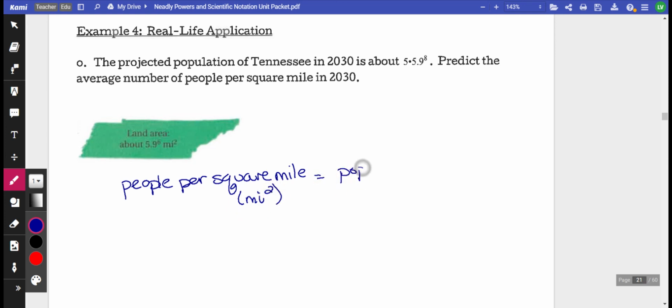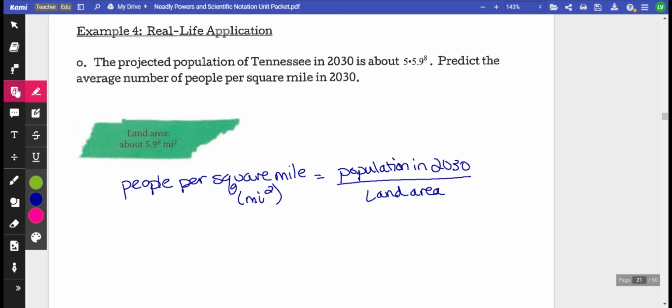That's going to be the population in 2030 divided by the land area. So I need to reread that problem and figure out what's going to be the population in 2030 and what's the land area.